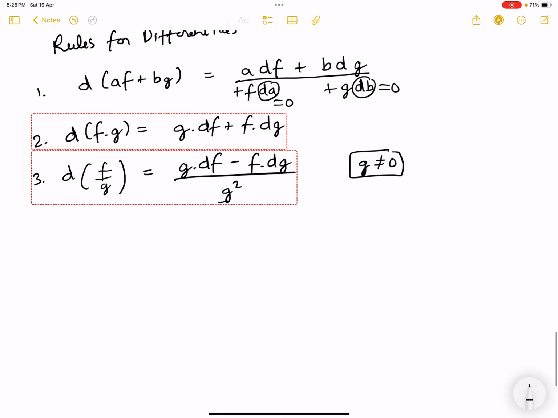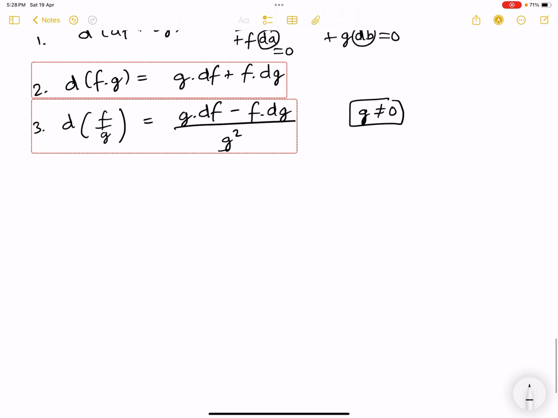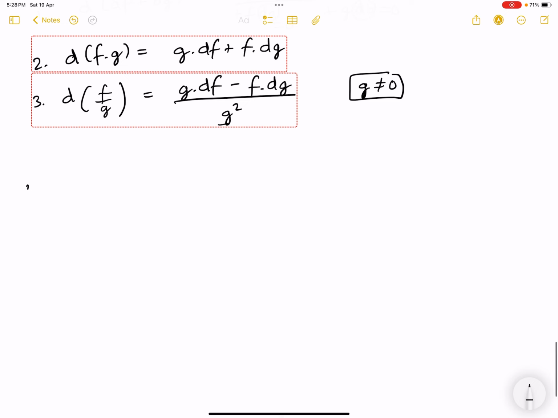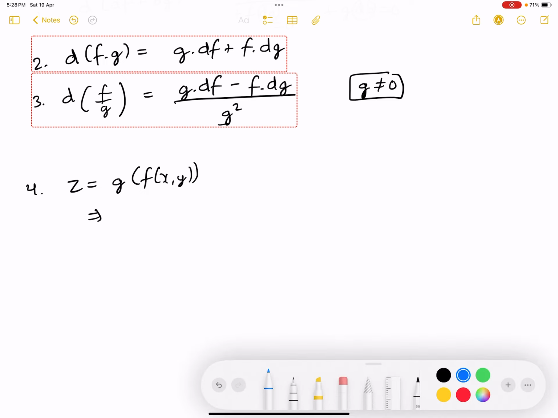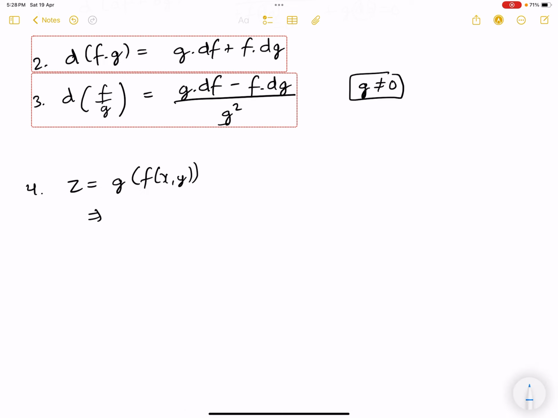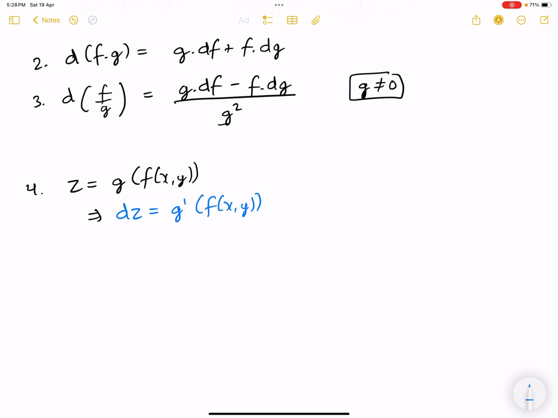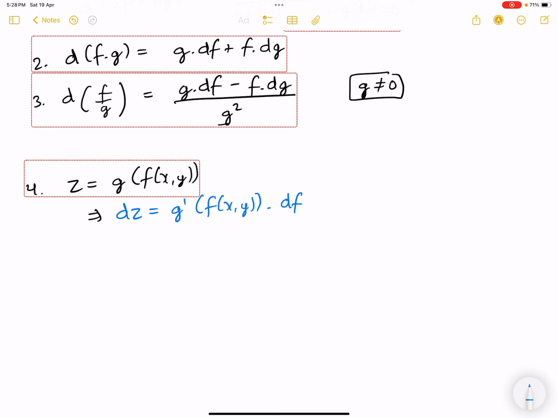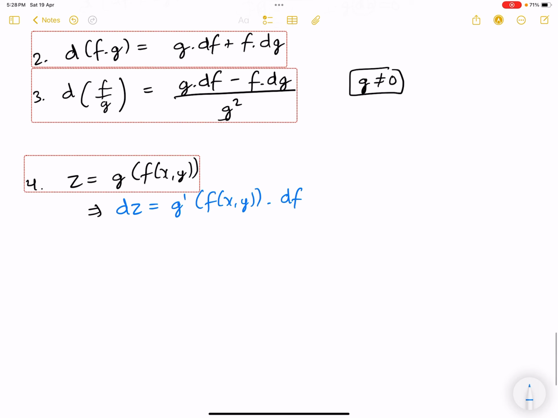These are the basic rules for differentiation only. And one for the composite function. If we have z equals g of f of xy, then this implies dz would be g dash of f of xy into df.